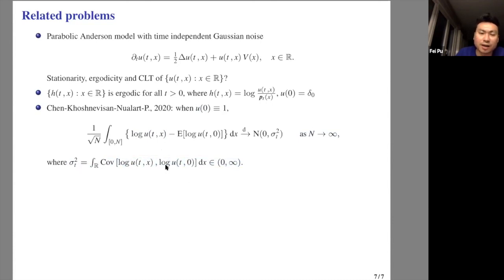In the integrand, we have this covariance function, and we prove that this variance is strictly between 0 and infinity. So this is the CLT for KPZ in the case u_0 is equal to 1. The question is, can we also prove a CLT for this process H?